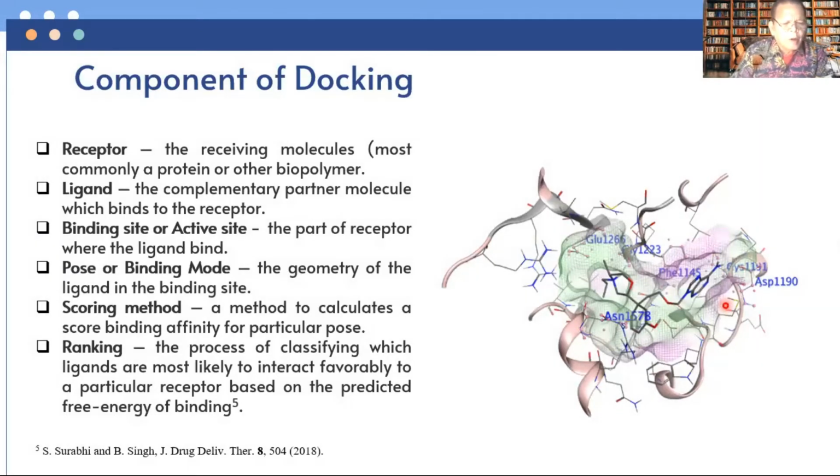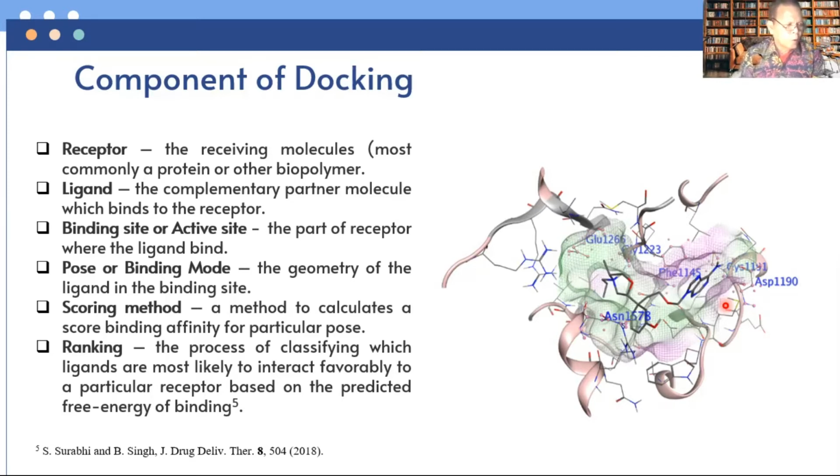There are several components of docking, such as the receptor, the receiving molecule, most commonly a protein or other biopolymer. Ligand, the complementary partner molecule which binds to the receptor. Binding site or active site, the part of the receptor where the ligand binds.